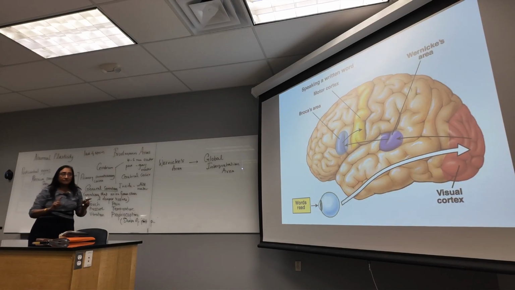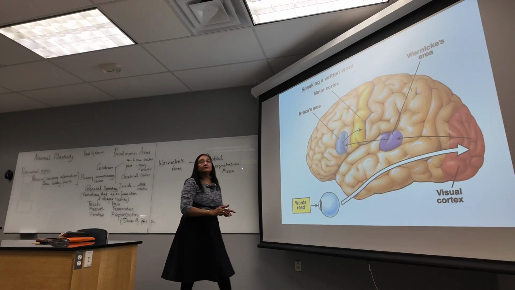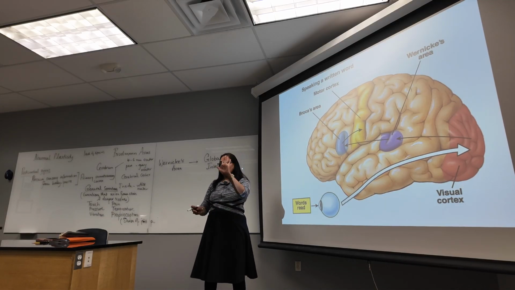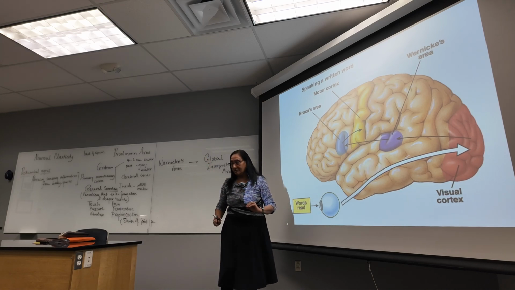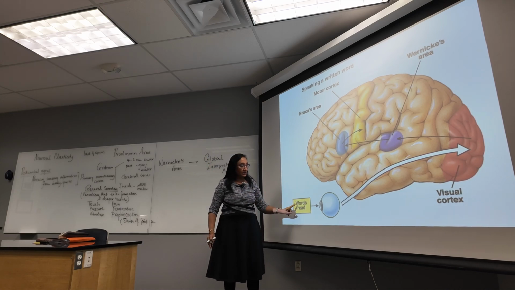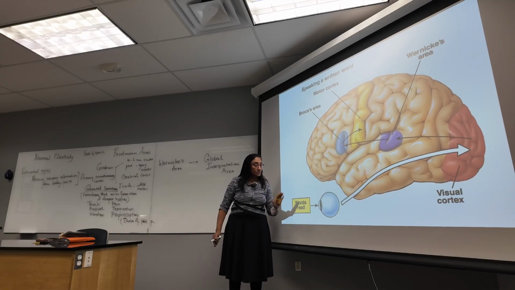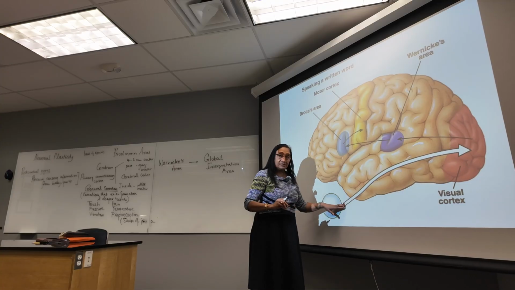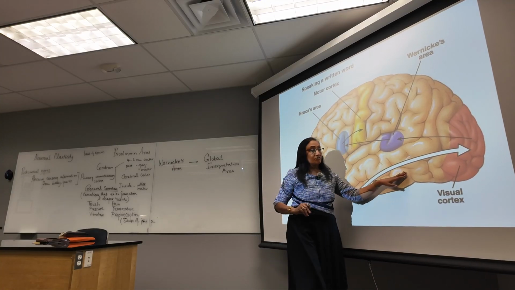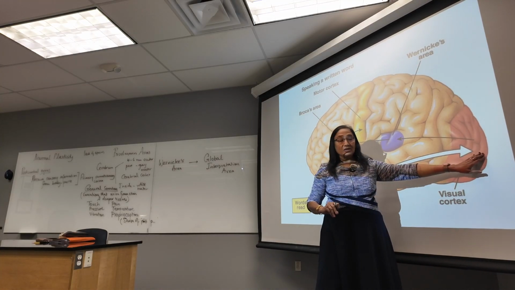Okay, if you are asked to read something, you're given a book and told, okay, read the first paragraph. What actually happens is you are looking at the page, at the paragraph, and the signal goes from your eyes to your visual cortex, okay?